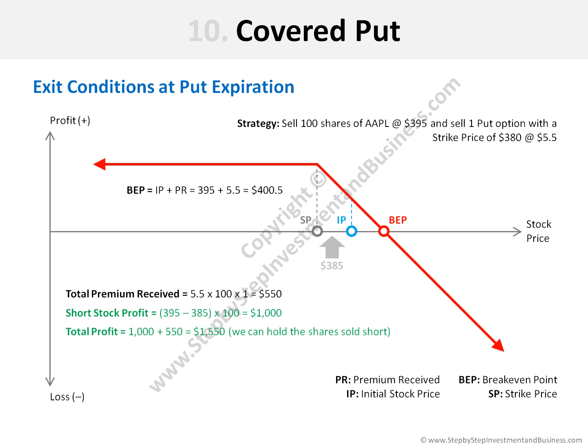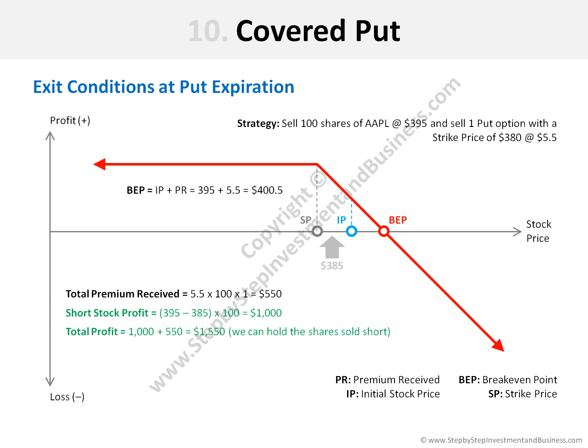But in this case, as the price of $385 is lower than the initial price, we will be making money from the short stock position. In this case, we will be making $1,000. Therefore, we will be making a profit of $1,550 with this strategy, $1,000 for selling the shares, and $550 for selling the put.